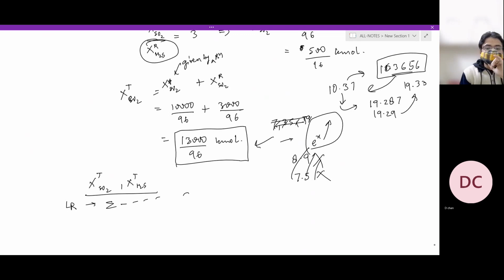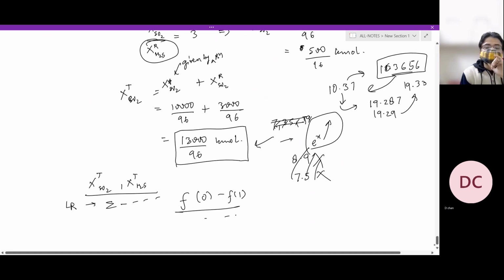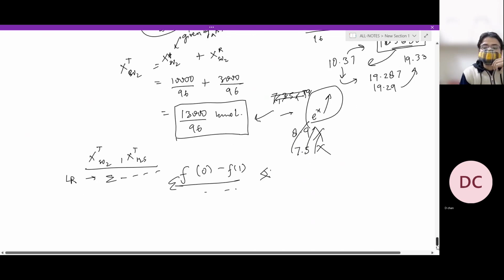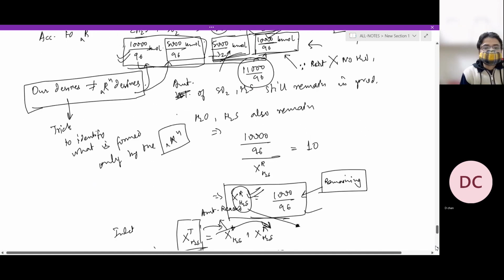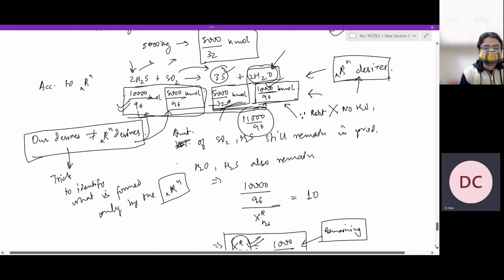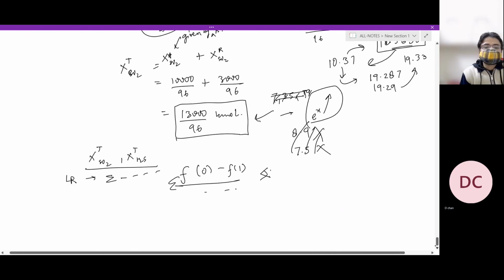Yes, sir. And some degree of freedom f0 minus f1, something like that, and divided by something. If it comes negative, then it becomes something. Then if it comes positive, then it becomes something else, right? Yes. Yes or no? Hello? Yes, sir. Okay.